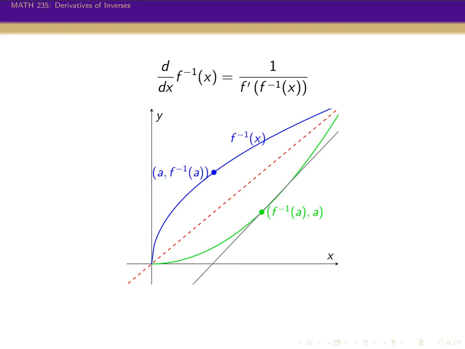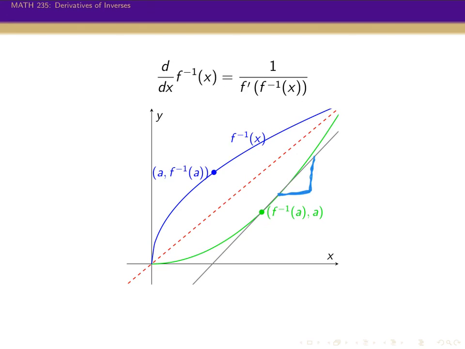Okay, so now let's draw out the tangent line on our original function f of x. Right? And so we know this tangent line is going right through this point. And so we know what its derivative is. And that derivative is going to be the slope of this tangent line.